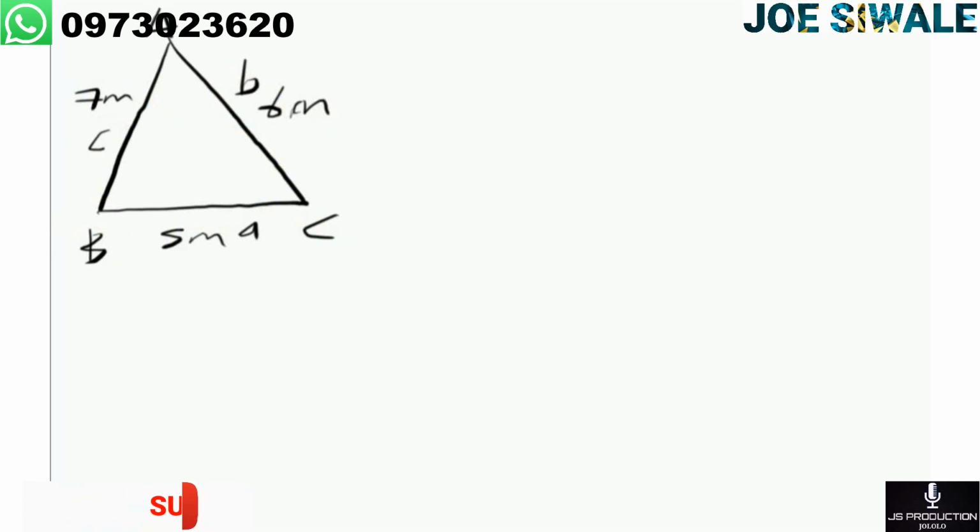For example, if the question says find angle C, it means the angle that is at C, and before I find the angle at C, I need to identify the parts. So the length that is opposite to A, that's a, the length that is opposite to B, that's b, and the length that is opposite to C, that's c.